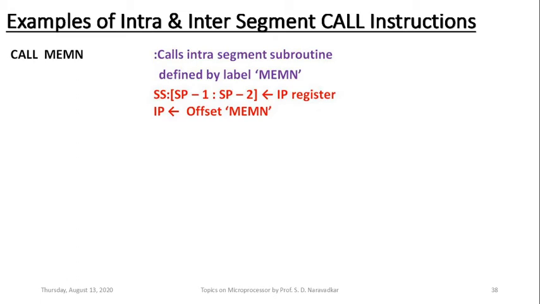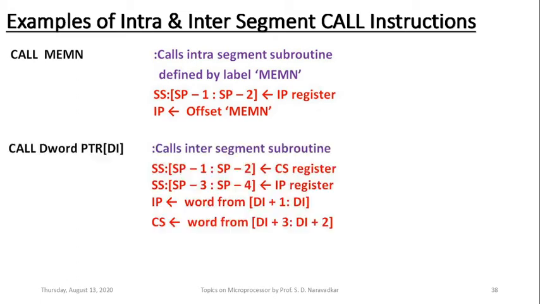Then the second example which I want to show just below: CALL DWORD PTR [DI]. Whenever such wording, double word pointer and an indirect memory location, comes within the call instruction, it is certainly a case of inter-segment call instruction.